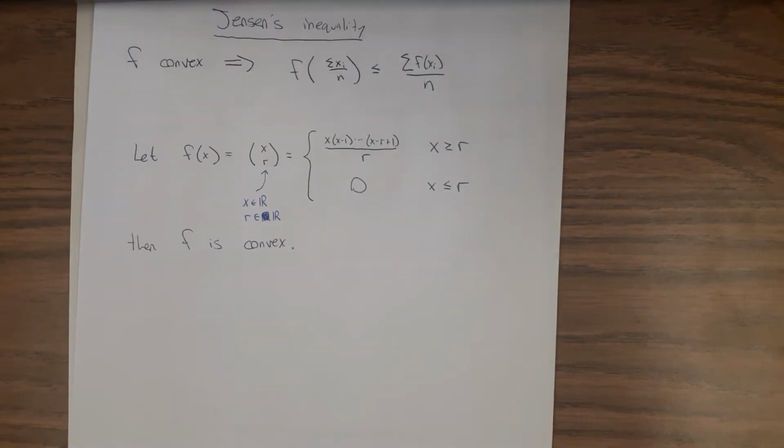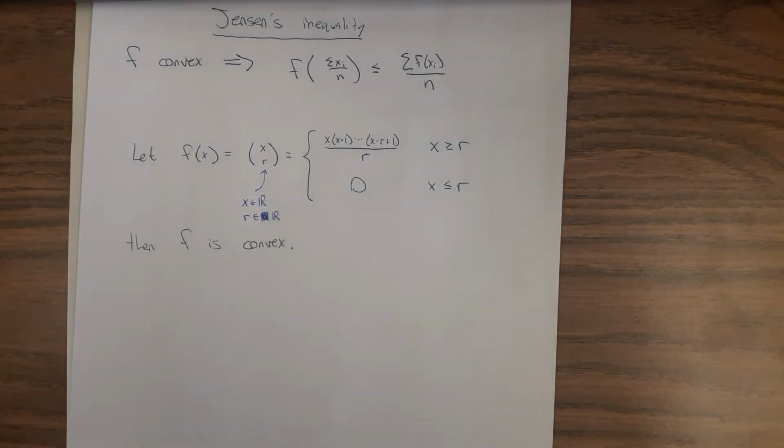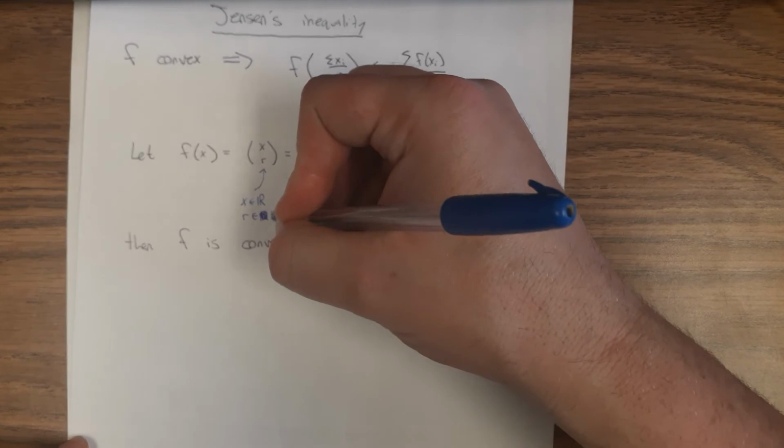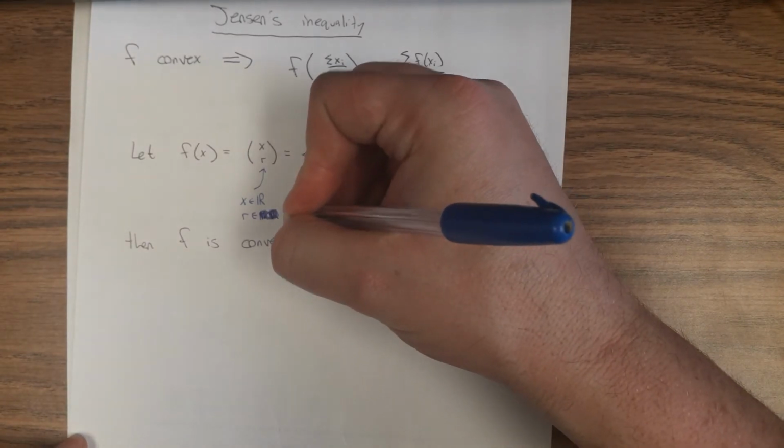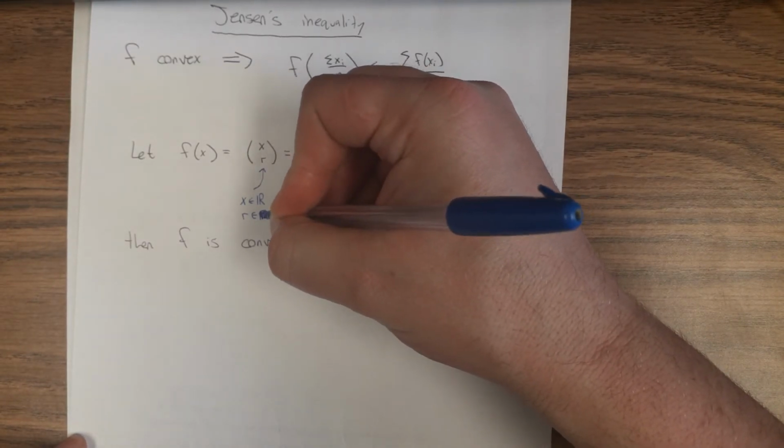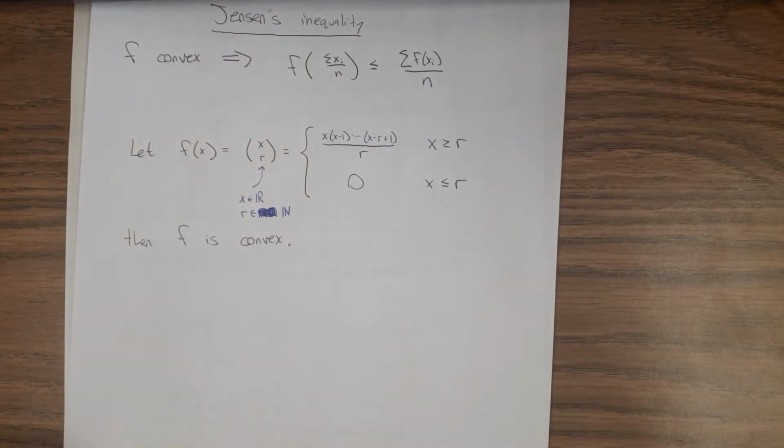Usually when we write this in combinatorics, we write x choose r when we're counting something, so they're both natural numbers.